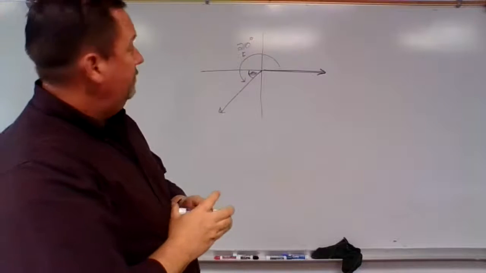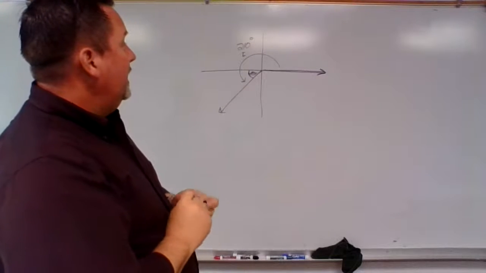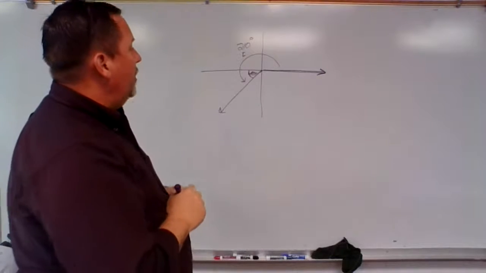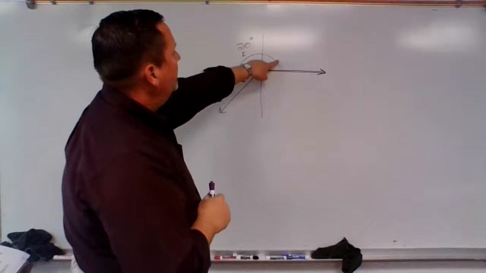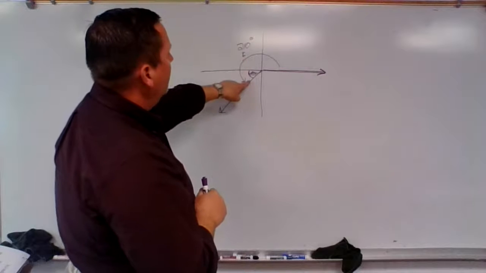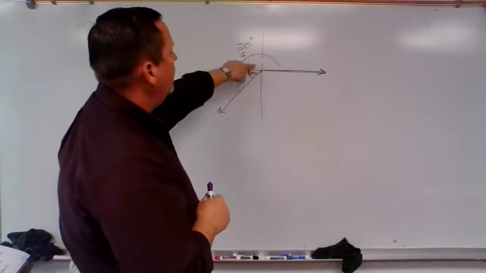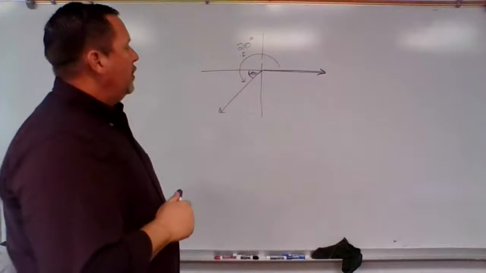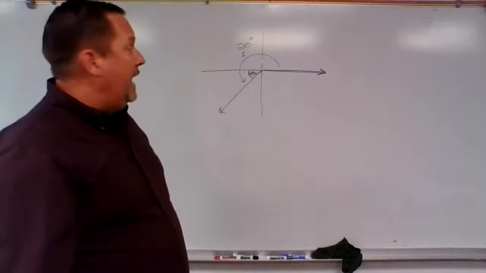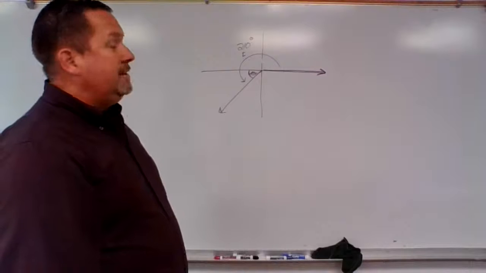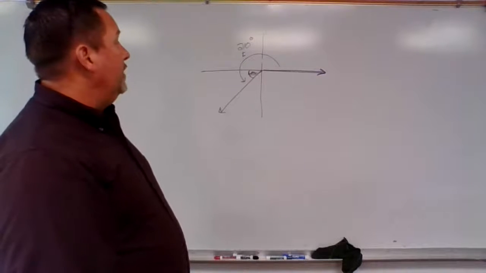Think through that. I wish I could ask for a hand raise because I bet some of you could come up with that. It's clearly going to be this whole angle, 210, minus this part, which is 180. So it's going to be 210 minus 180, or 30 degrees. That's how I would find that reference angle.